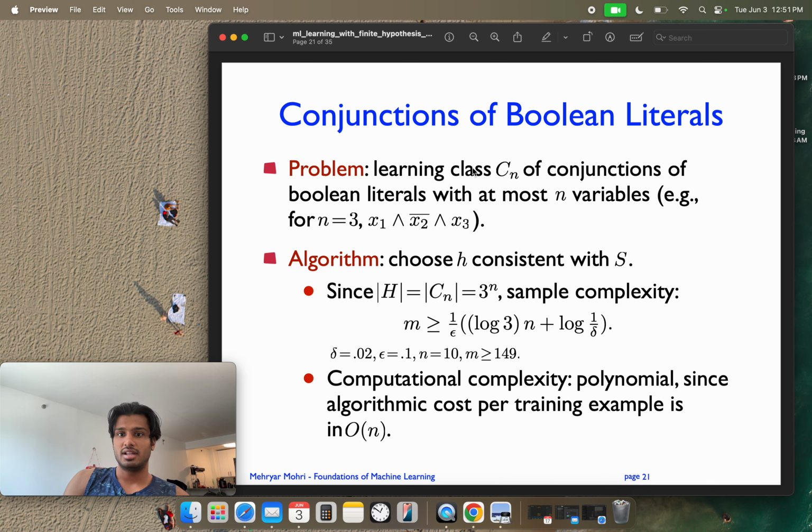So the problem is learning the class Cn of conjunctions of Boolean literals with at most n variables. The algorithm is to choose h which is consistent with S, and there is some algorithm somehow, I don't care. Since the number of hypotheses is 3 to the n, the sample complexity is that m has to be greater than 1 over epsilon.